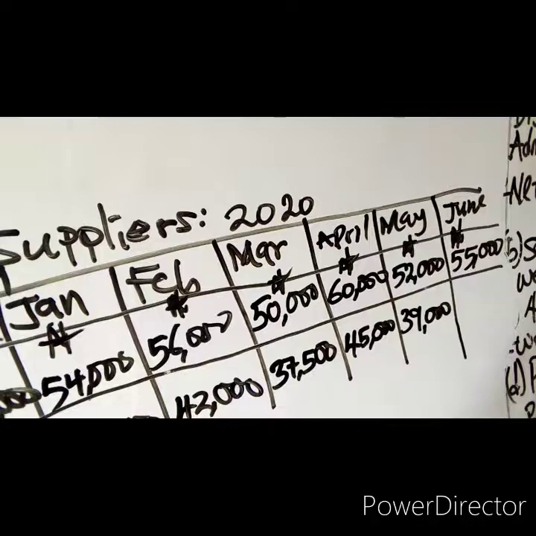Then 75% of 55,000, then we have 41,250.